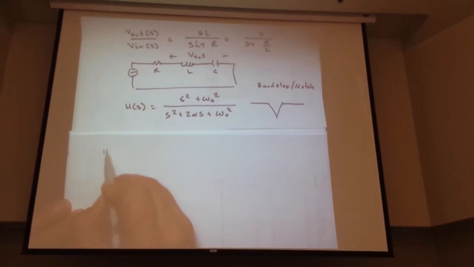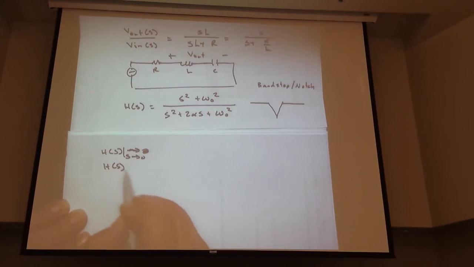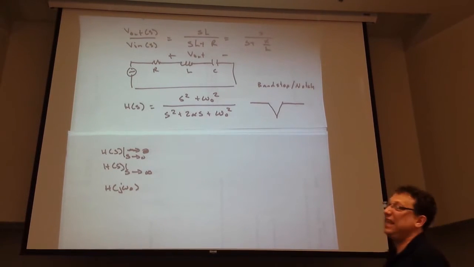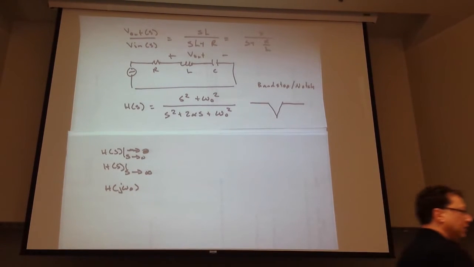Now you look at H of S as S goes to 0, H of S as S goes to infinity, and H of j omega naught. And there's 4 meaningful cases here we can look at. We can get more silly than that, but 4 meaningful cases.